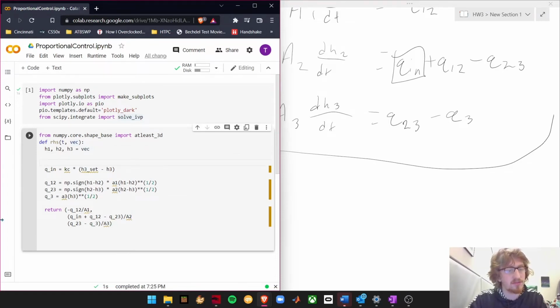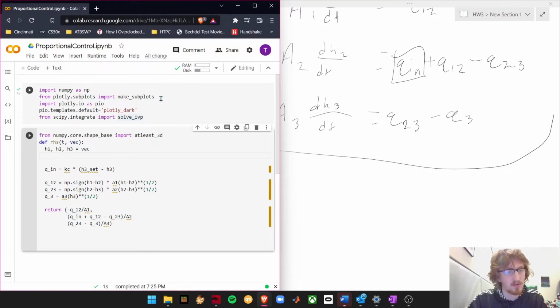So we can go ahead and define the proportionality constant, our set point, and our proportional control, our proportional gain, I guess I'll start calling it, and then our cross-sectional areas I think we can define as well.